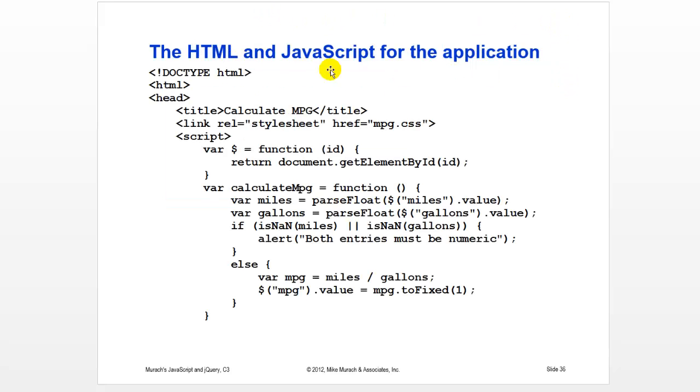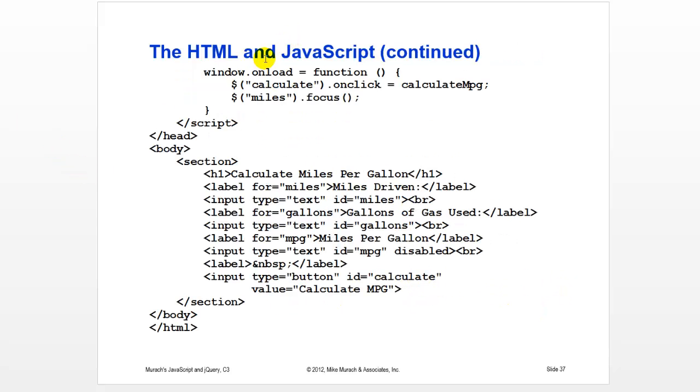So HTML and JavaScript for the application, they go through here. You get the miles and the gallons. Check to see if they're not a number. If either of them aren't a number, you put both entries must be numeric. And then otherwise you actually calculate it, right? And then set the MPG. When you set the onload, they actually cause the attaching to occur here. All it does is set the calculate onclick.